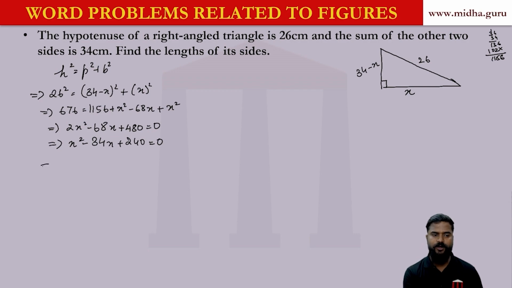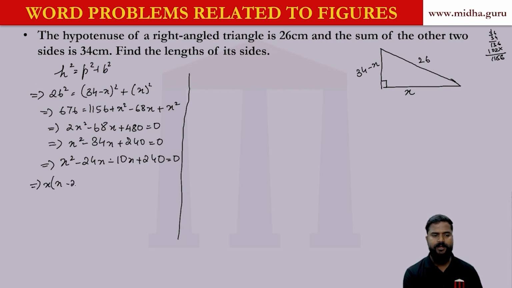So the product is 240. So we have to divide this minus 34 into 2 coefficients such that the product is plus 240. So I'll write x square minus 24x minus 10x plus 240 is equal to 0. Since minus 24 into minus 10 will give us plus 240, and adding them will get minus 34.